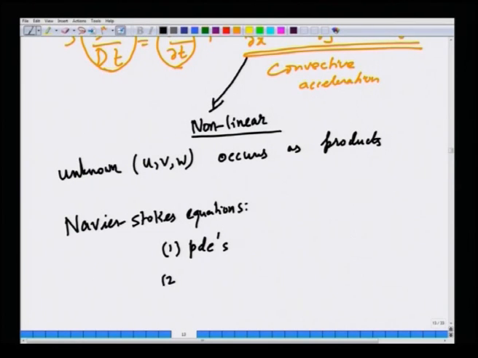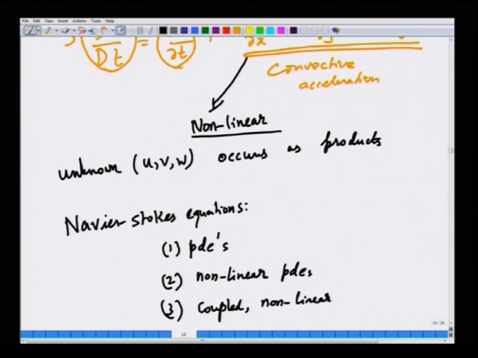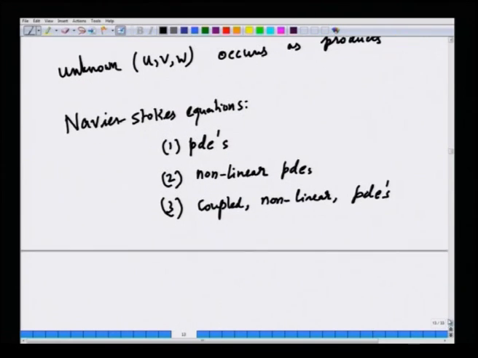They are partial differential equations, and they are non-linear partial differential equations because of the convected acceleration, and they are also coupled, because one equation is not independent of the other, they are linked by the convected acceleration term. So, they are coupled non-linear PDEs.